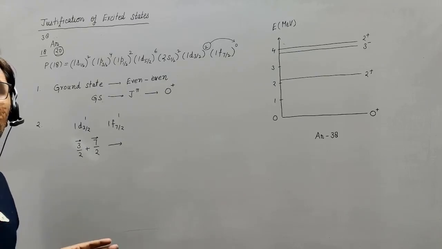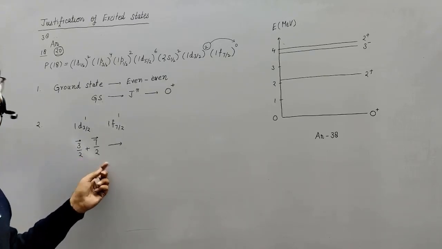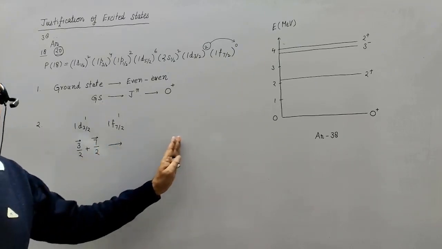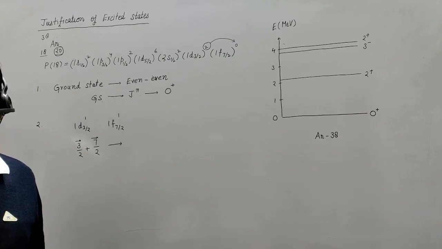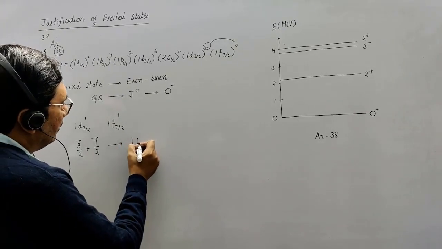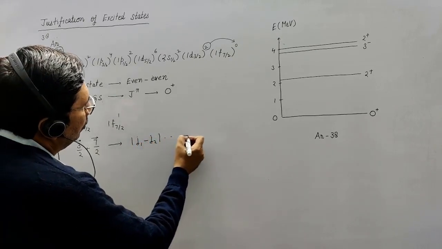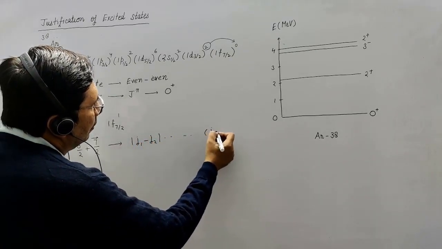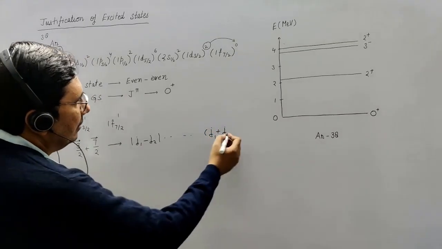If you have two J values, suppose this is J1, this is J2, then the resultant J values will be from J1 minus J2 to J1 plus J2. So these values we can obtain by the combination of J1 and J2.